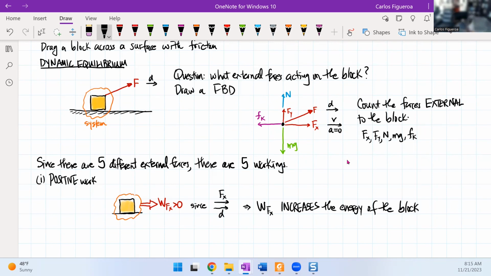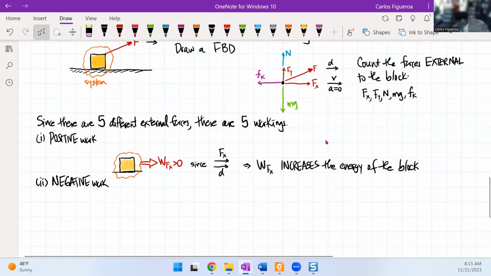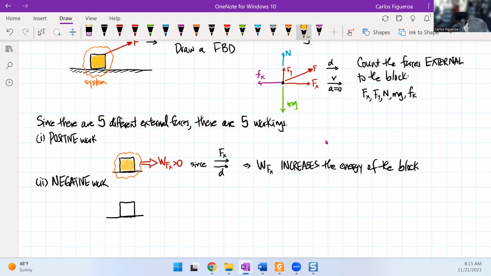Then I go to the next one here. What about, are there any negative works? Again, if I look at the block here, in this situation there is a negative work, because when I look at the energy, I look at the work, what I'm seeing is that there is work done by friction.